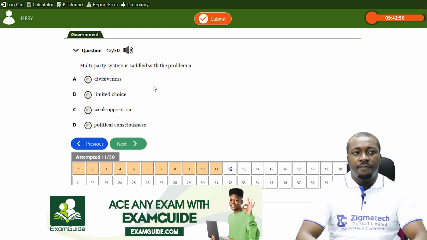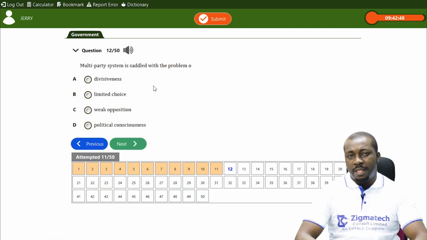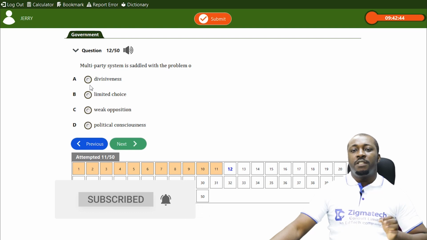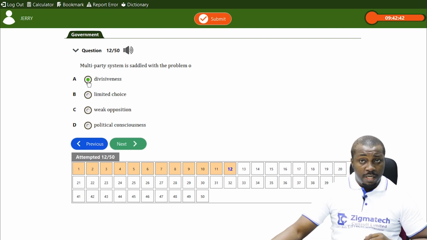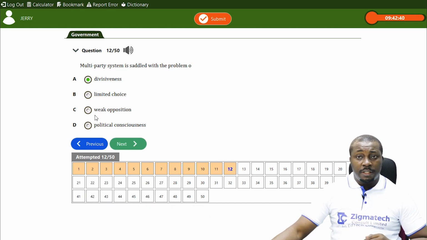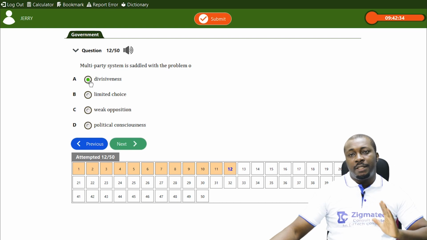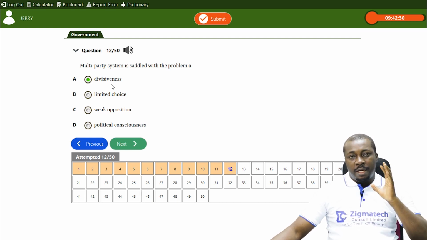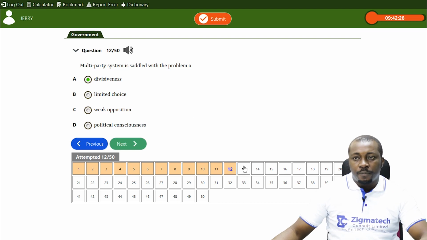It divides the country, it factionalizes the country. Now, if you look at the options, A has to do with divisiveness, which is what I just said. B is limited choice. C, weak opposition. D, political consciousness. Of course, it is divisiveness because it divides the country along party, alliance, and support.